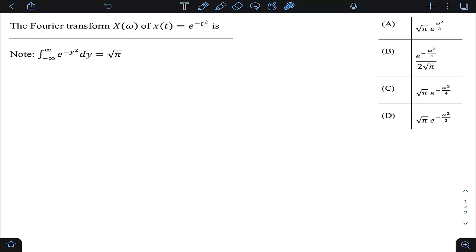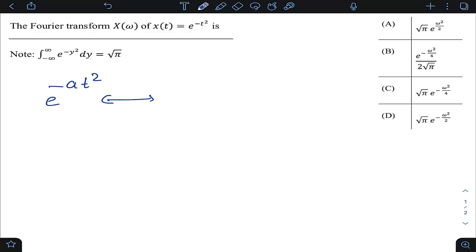The question is, the Fourier transform X(omega) of x(t) equals e raised to the power minus t square is. This is again, students, a very repetitive model question in the GATE exam. I think this exact question has been asked 4 to 5 times. In CTFT we study the Gaussian pulse, which is in the form of e raised to the power minus a t square.